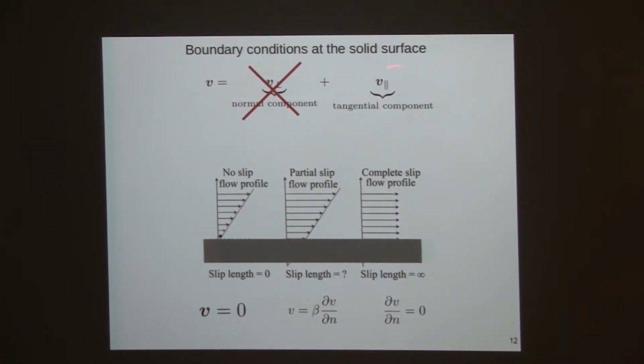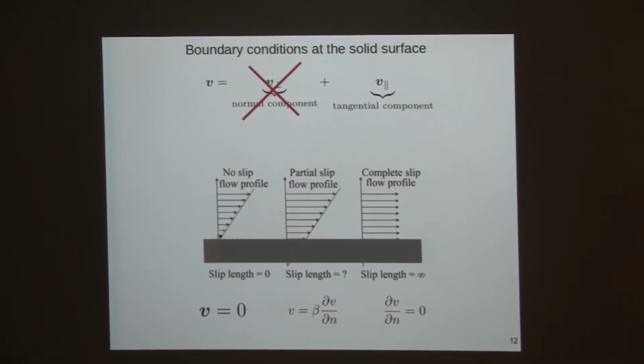Now the main question is how can you estimate the tangential component of the molecule velocity at the solid surface? So here you have different models. There is no agreement actually in the literature. Most of the time, what we do, we say that in average, the tangential velocity is 0 at the solid surface.